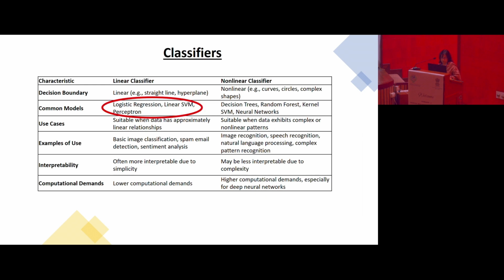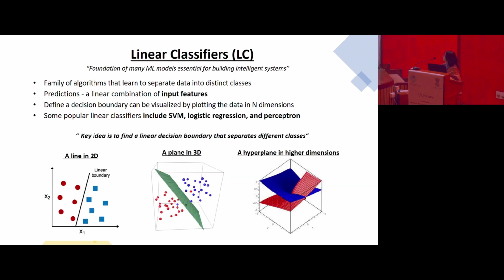In the coming hands-on session, we will be doing logistic regression, linear SVM, and perceptron. Let's learn more about these linear classifiers. So what exactly is a linear classifier? These LCs are the foundation of many ML models essential for building intelligent systems.